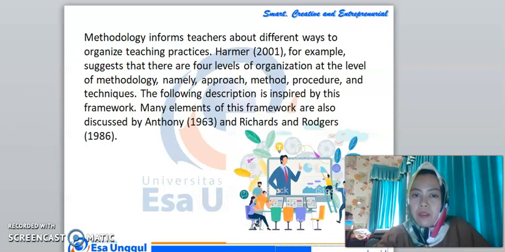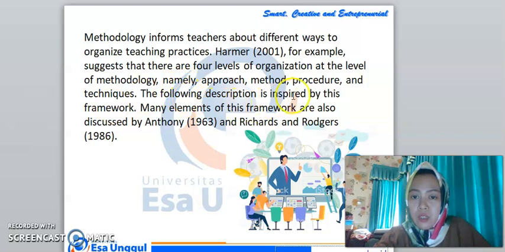Methodology informs teachers about different ways to organize teaching practices. According to Harmer, there are 4 levels of organization at the level of methodology. They are approach, method, procedure, and also technique. I'm going to make clear the 4 levels of organization in methodology.